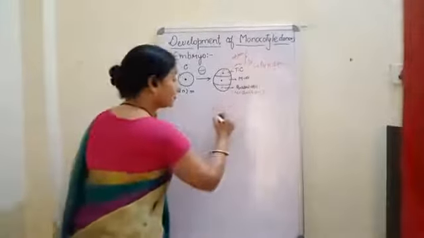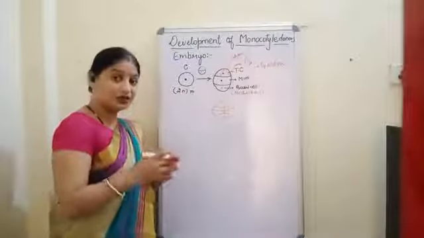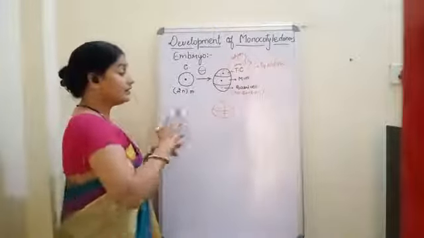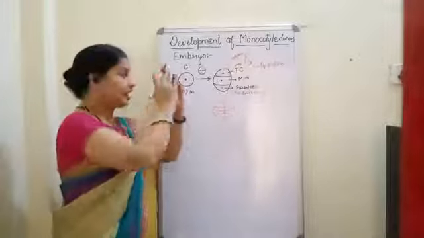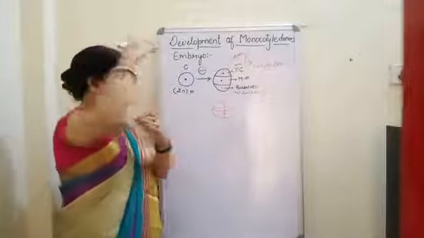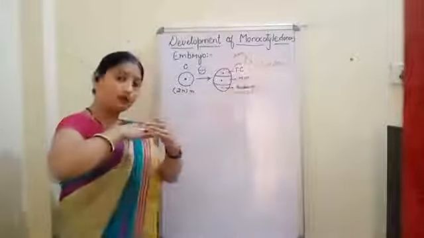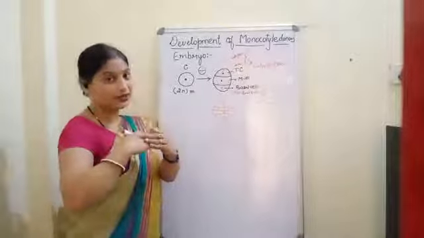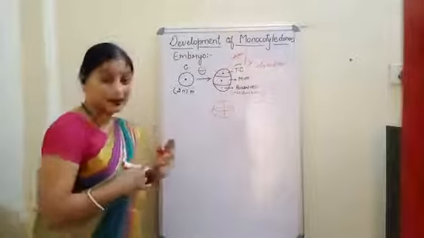Then further transverse and longitudinal divisions form a mass of a ball, a mass of cells. The upper cells will give rise to the upper cotyledon and the lower mass of cells will give rise to the lower cotyledon. So this is about the terminal cell.